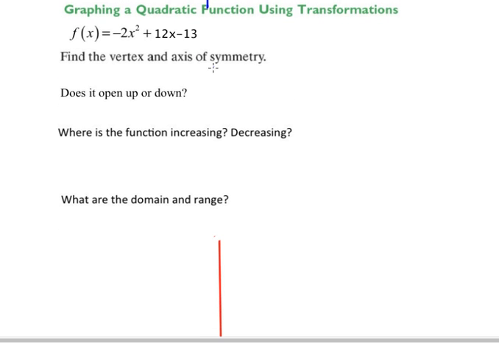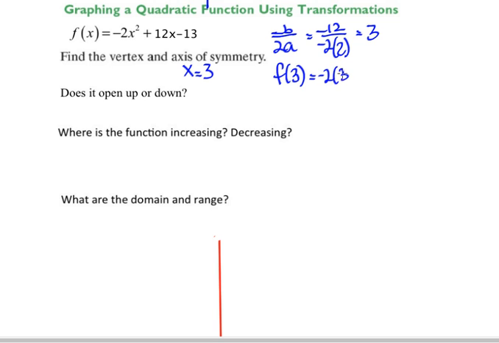So given an equation, find the vertex and the axis of symmetry. Okay? Well, it's not in vertex form, so I'm going to have to do a little bit of work. So it's -12 divided by -2 times 2. So that's -4, the negatives cancel, so the vertex occurs at x equals 3. So the axis of symmetry would be x equals 3. The vertex would be plugging the 3 into this equation.